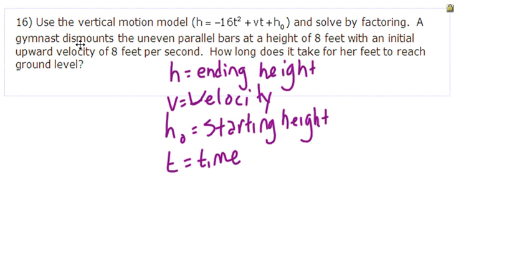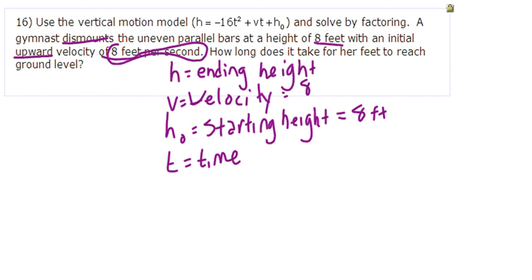So it says a gymnast dismounts the uneven parallel bars at a height of 8 feet. So since she's dismounting at a height of 8 feet, that's her starting height. So I know that this is 8. It says an initial upward velocity of 8 feet per second. The reason why they're telling me upward is to tell me that it's positive velocity.